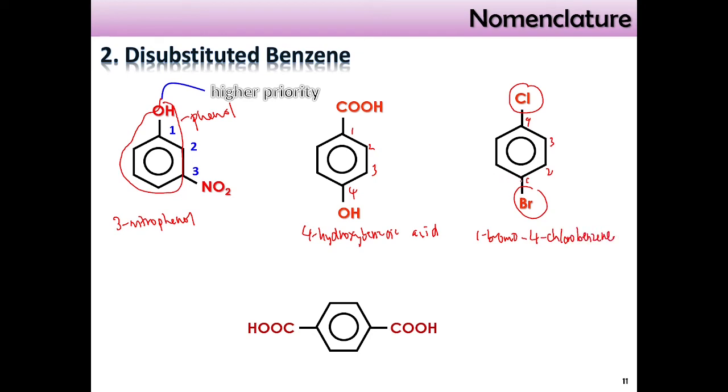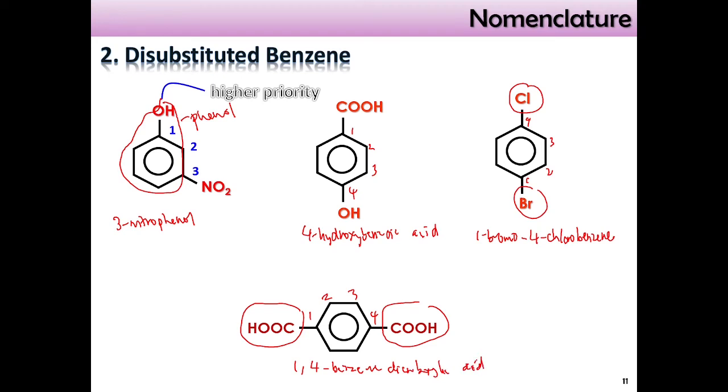But this is same priority. And this one, there are 2. So 1, 2, 3, 4. 1, 4. Benzene dicarboxylic acid.